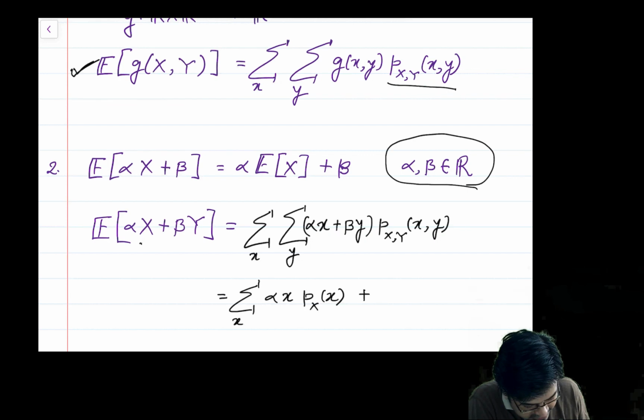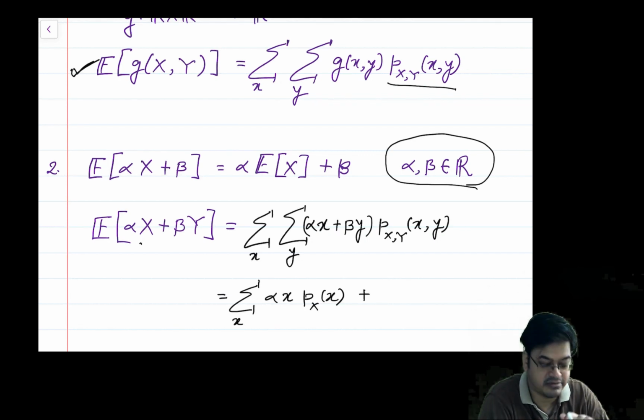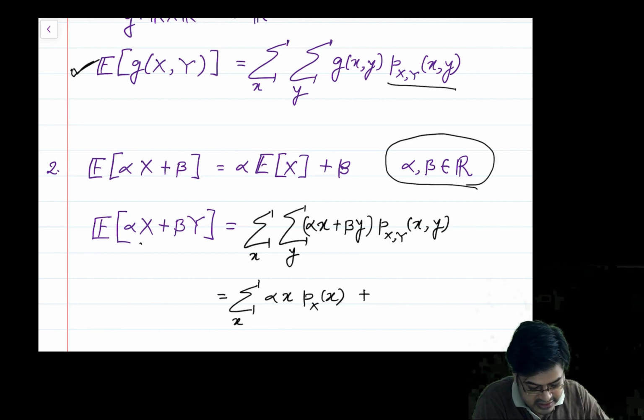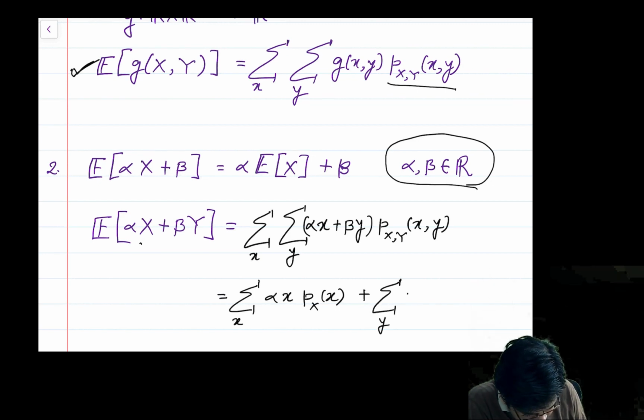In a similar manner, because everything is finite, there is no question of swapping the summations; I can swap the summations easily. The other part will give me beta times y times the marginal PMF of y.